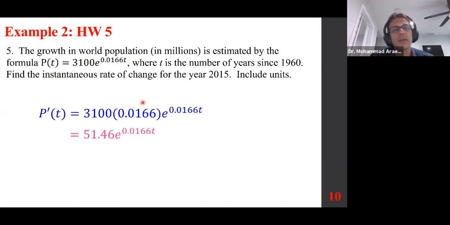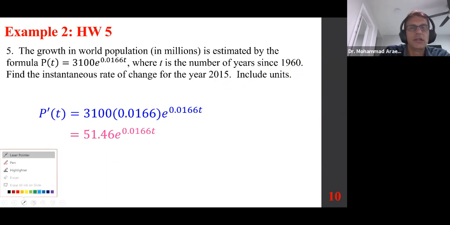And the product of these two gives you that. Now, in the year 2015, t is the number of years since 1960. For example, the year 2000 means 40 years later, just for the sake of argument. The year 2015 means 55 years later. Okay, class?